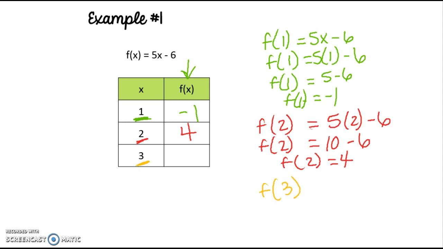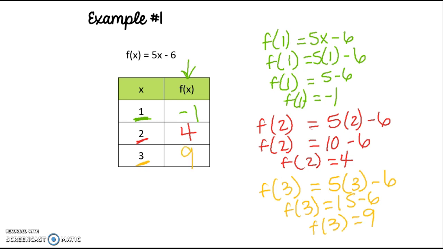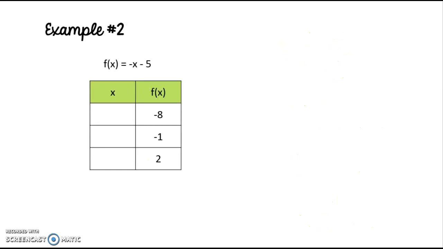So f of 3 equals 5 times 3 minus 6. So f of 3 equals 15 minus 6, or f of 3 is equal to 9. I want you to pause here, go ahead and plug these in and solve.